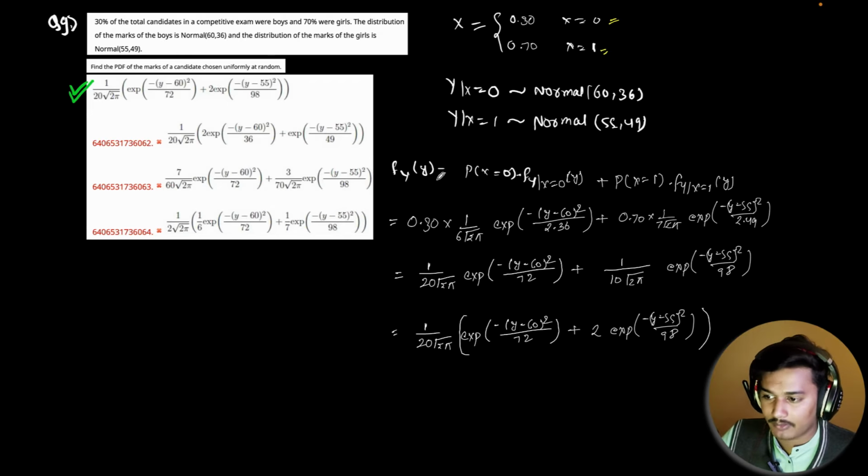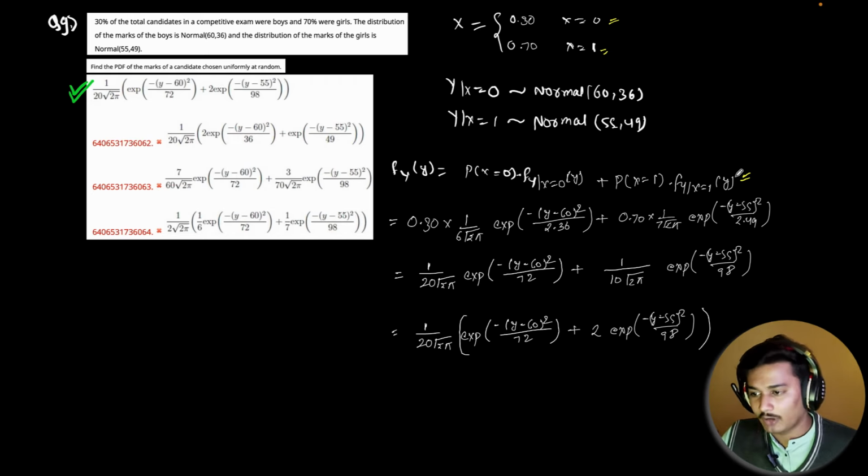We have to find f of y. F of y is nothing but P of x equals 0 into f of y given x equals 0 at y, plus P of x equals 1 into f of y given x equals 1 at y. This is the formula, right? Now we have to put in values.